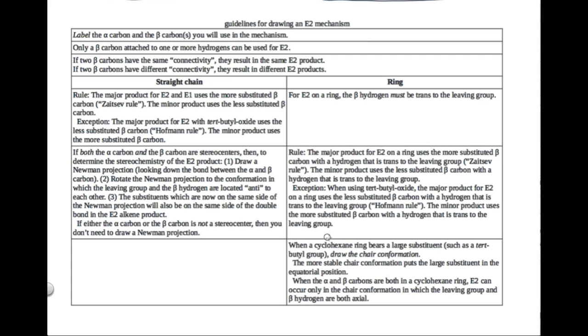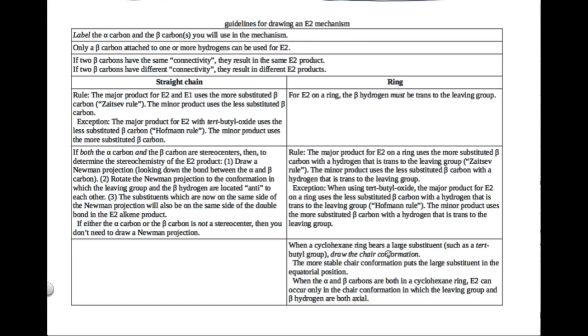Hex means 6 carbons, so a cyclohexane ring contains 6 carbons. So when you have a 6-carbon ring with a large substituent, that's when you often need to draw the chair conformation. If you see a 6-carbon ring with a large substituent, such as usually a tert-butyl group, you need to draw the chair conformation to help you with the E2 mechanism.